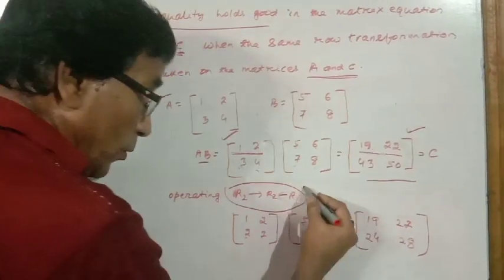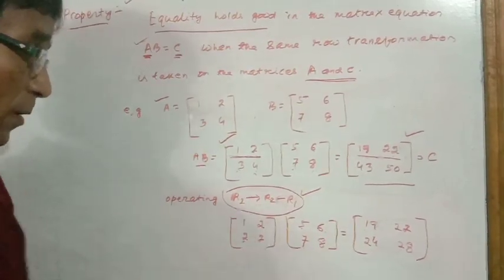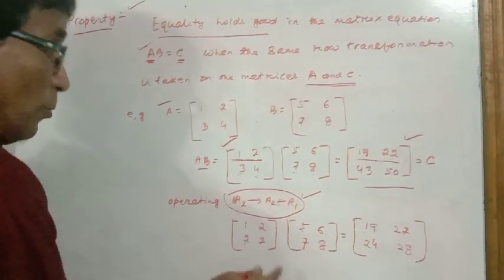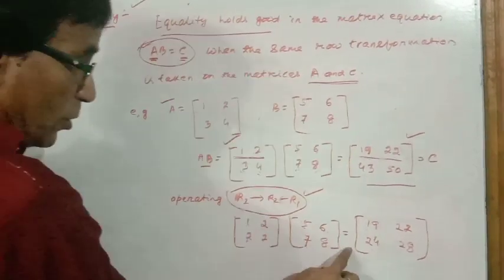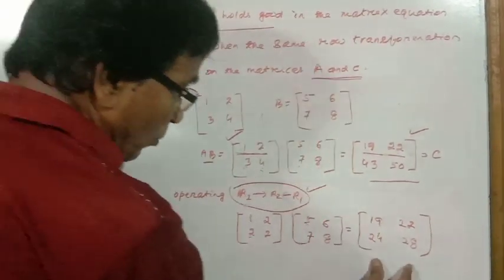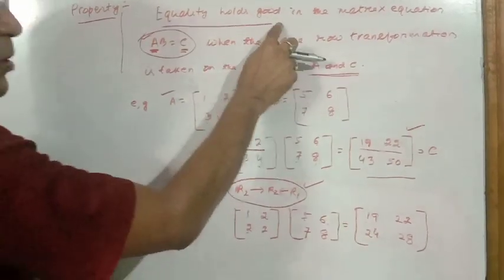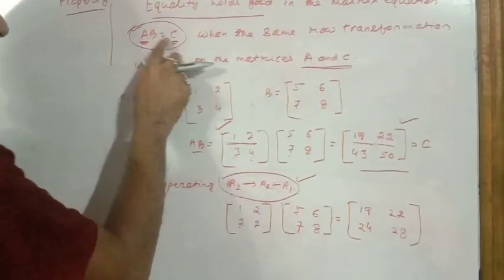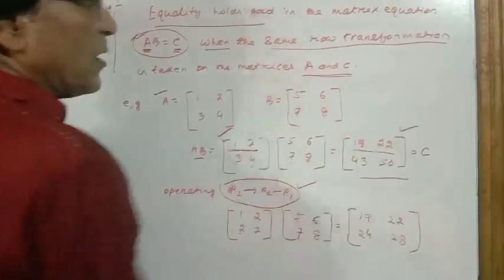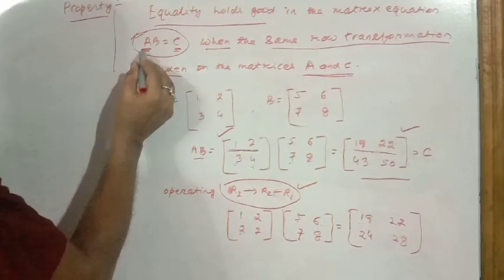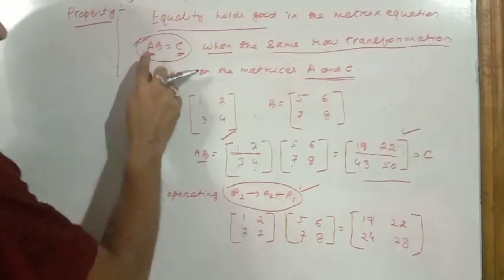So when the third elementary row operation is taken, we observe that the equality sign holds good. That means the product of these two is equal to this. So just remember that equality holds good in a matrix equation AB is equal to C when the same row transformation is taken on the matrix A and the matrix C.